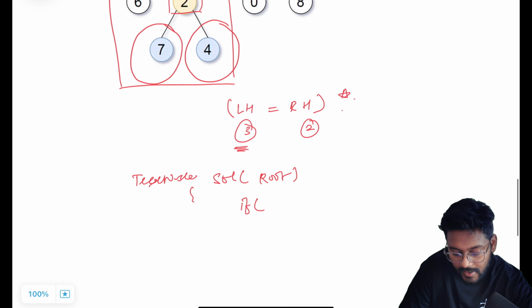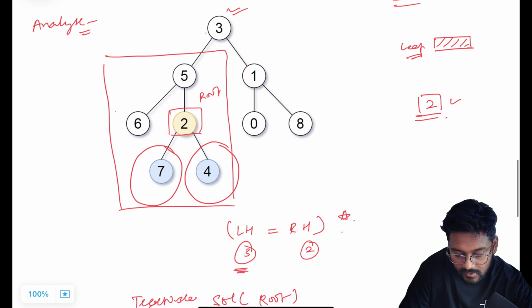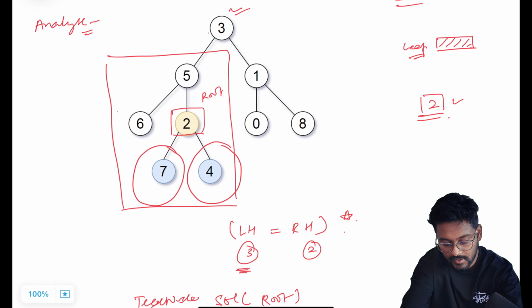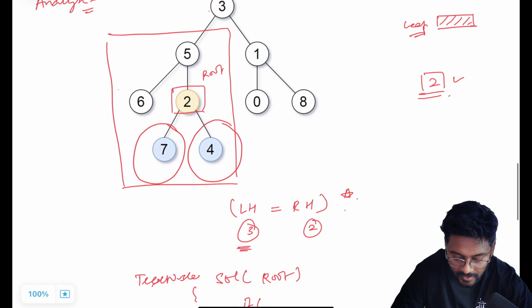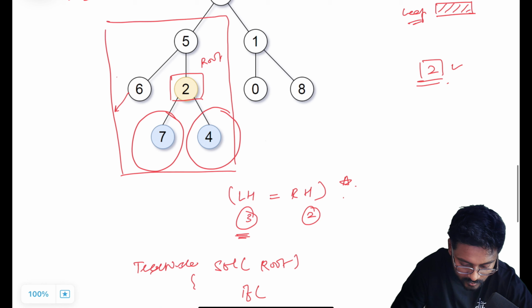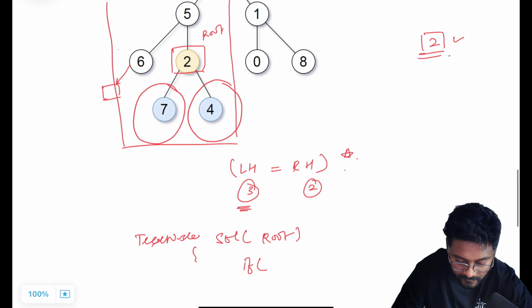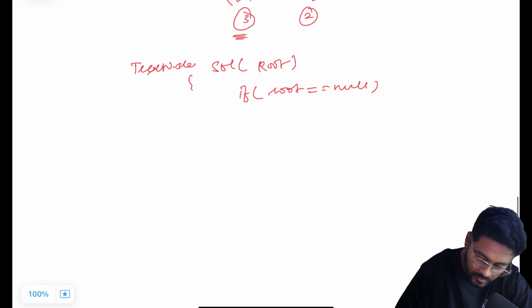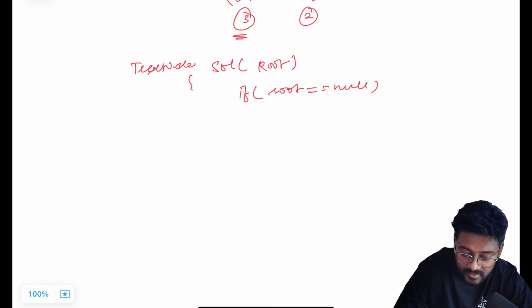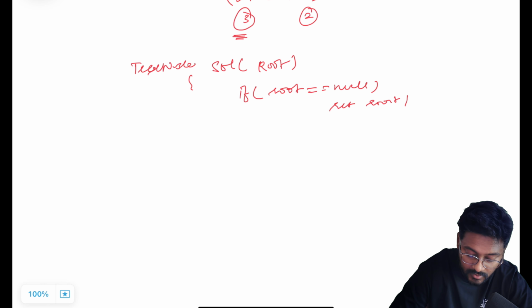What is our edge case? Let's say the given root is null, or in this case I'm just going to the left part of any leaf, let's say going to this left part. In this case if it is null, just return null. If root is null, return root or return null.